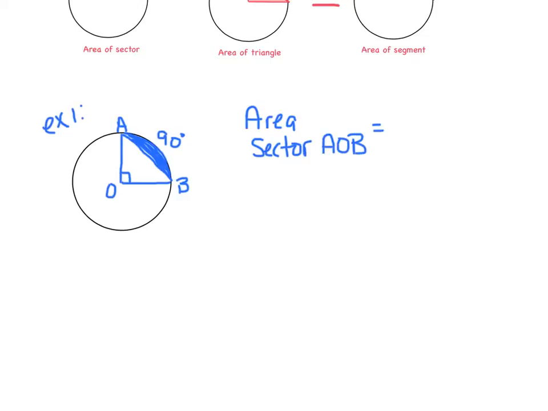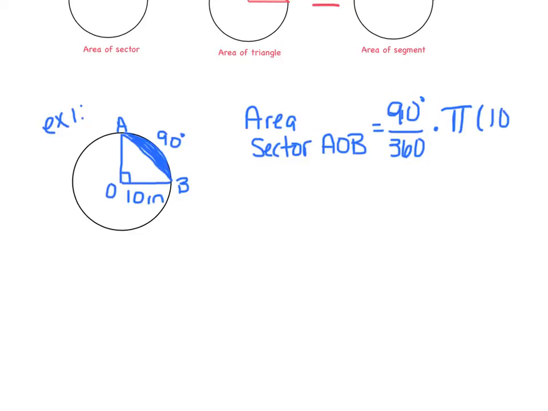So if you remember correctly, that is our portion of our arc, so 90 degrees over 360, times the area of the circle, which is pi, and our radius is 10 inches.